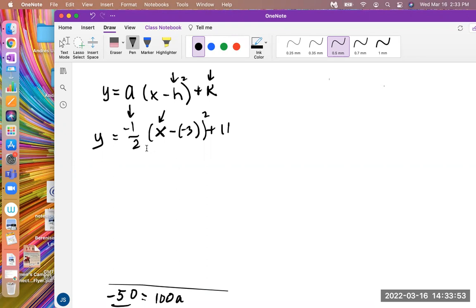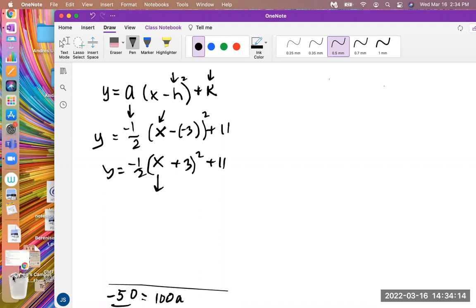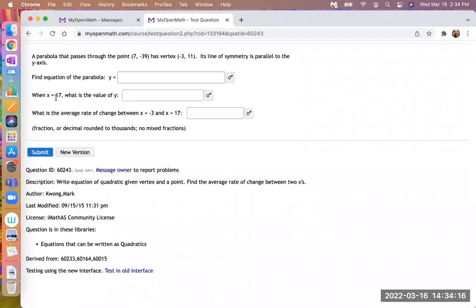So then they're just asking, hey, what about for this one particular x value? What's my value of y? So we just plug in for x. Let me rewrite this, taking away the double negative there and simplifying it. So I just plug in for x what they said it was equal to. So x equals 17.